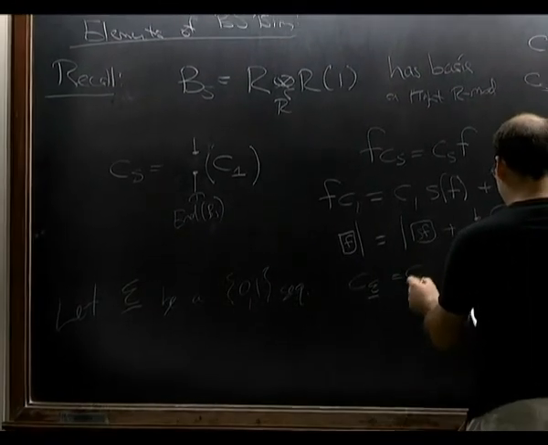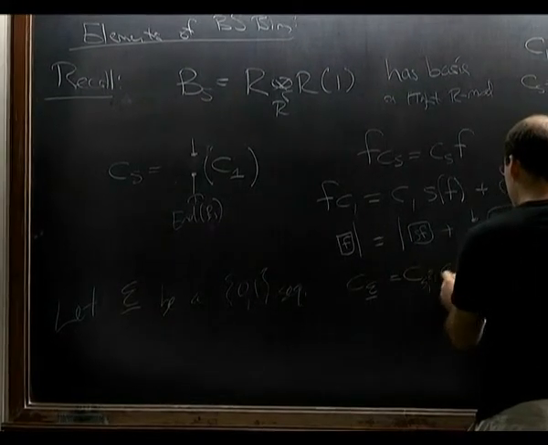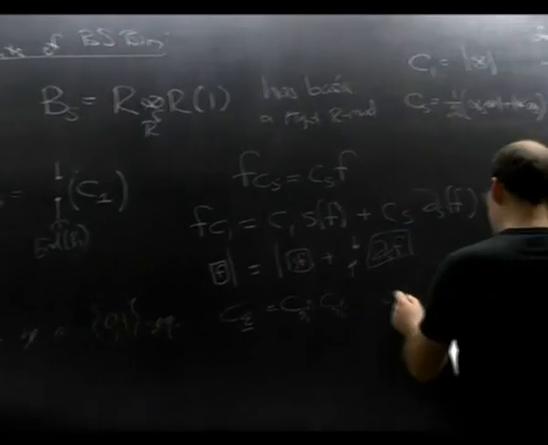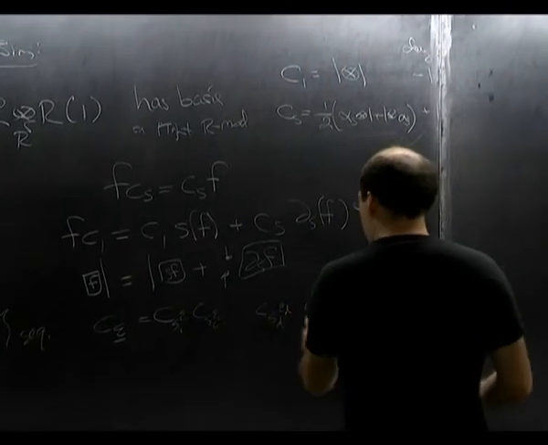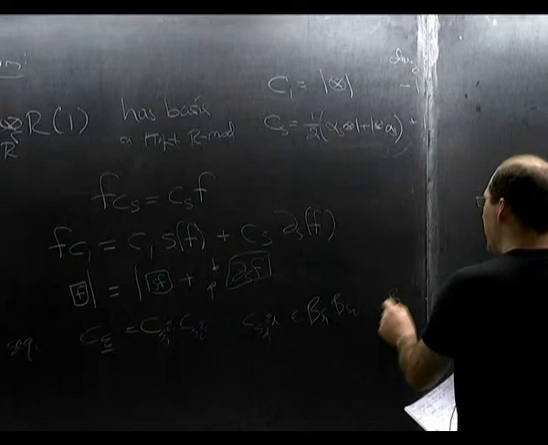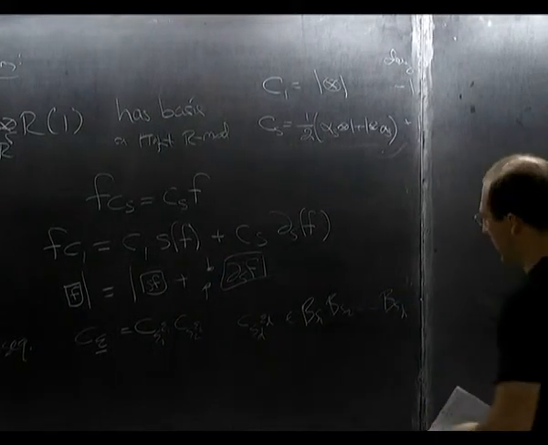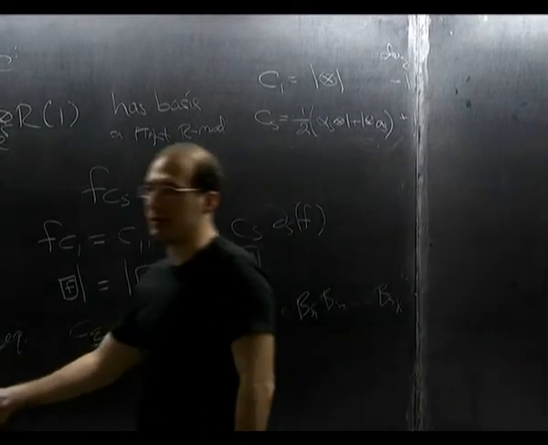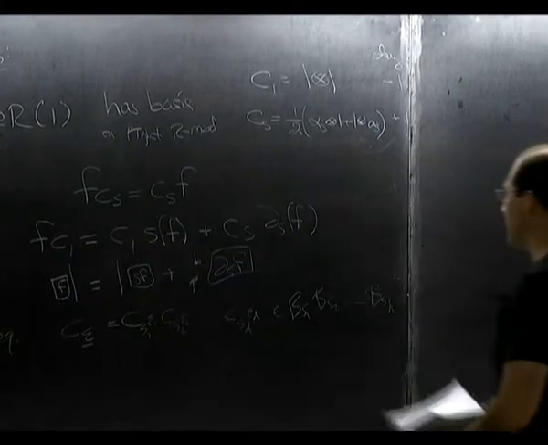So CS1 to the epsilon 1, CS2 to the epsilon 2, up to CSD to the epsilon D. This product is taking place in BS1, BS2, up to BSD. So in other words, I have a chosen expression, and I choose a 0, 1 sequence of the same length, and I get an element in this tensor product.